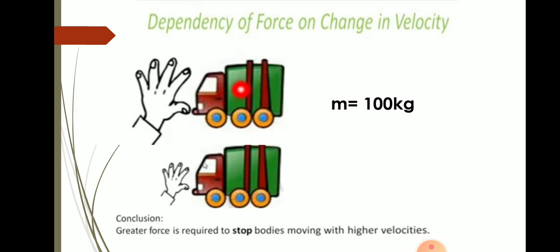The body with more velocity requires more force to stop it. In the same way, the body with less velocity requires less force to stop it. That means greater force is required to stop bodies moving with higher velocity. If the velocity is more, the force required to stop that body is more.